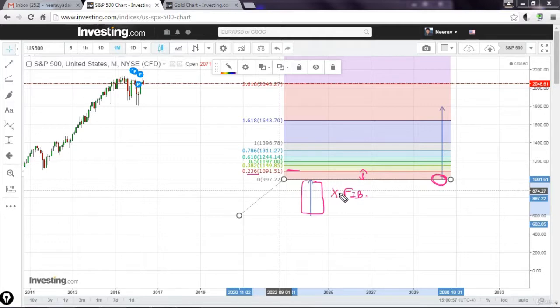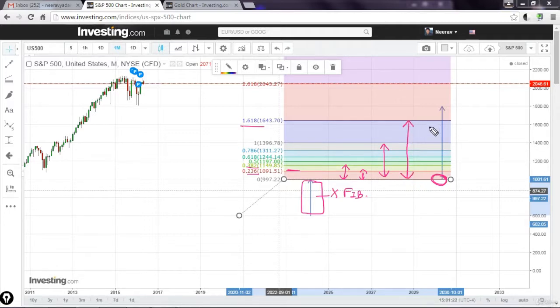Then again the length of wave 1 multiplied by 0.382 would be this much, and the length of wave 1 multiplied by 1 would be this much, and then the length of wave 1 multiplied by 1.618 would be this much.